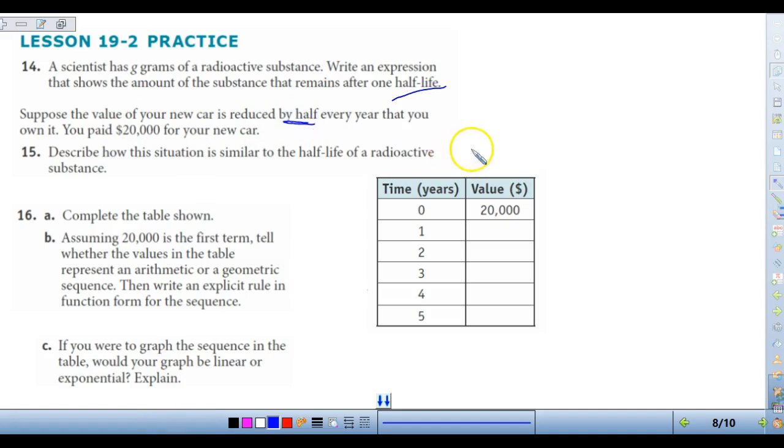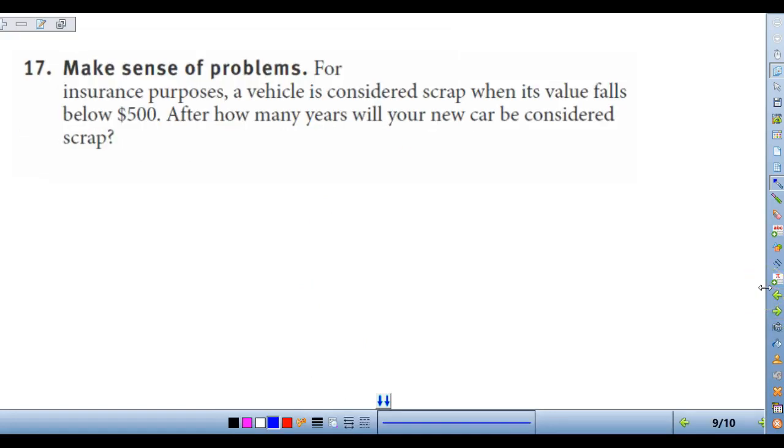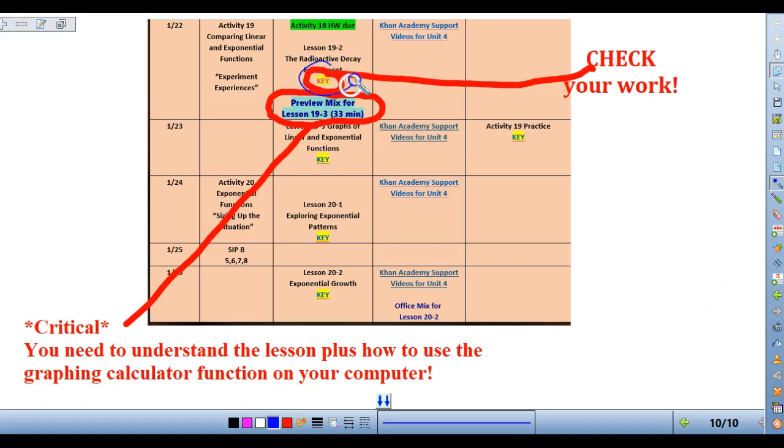You can fill in this table and do some experimenting to solve these. And then you can use that same problem you just did to answer this one. So figure out how many years it's going to take before its value falls below 500. Just some calculations there. When you're done, be sure to check the key.